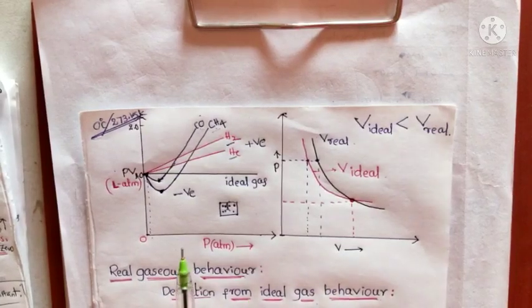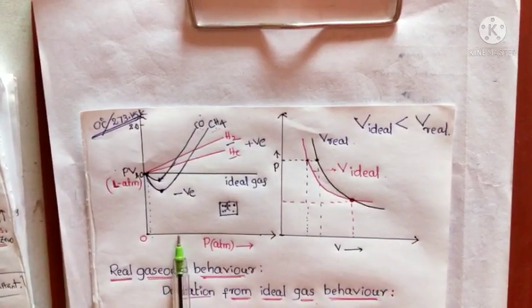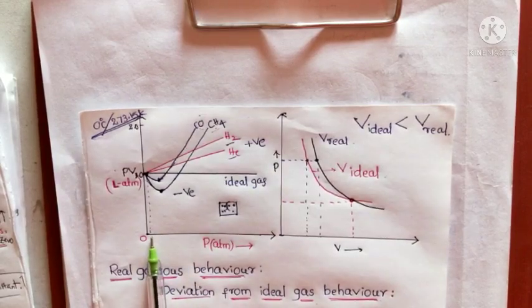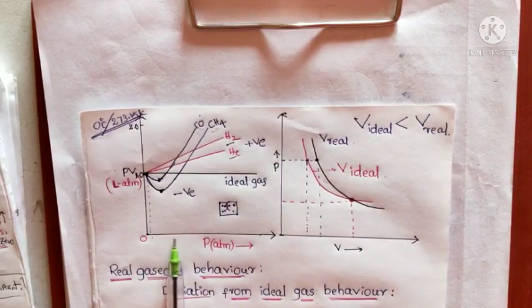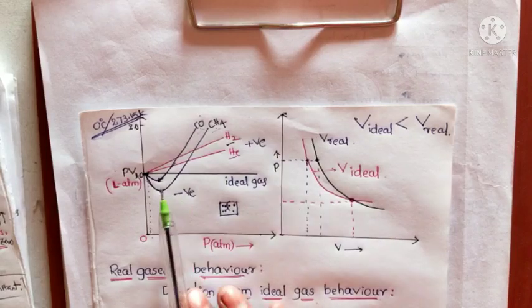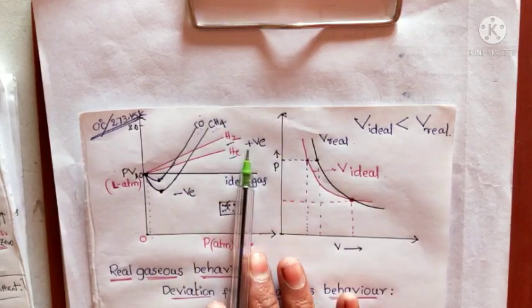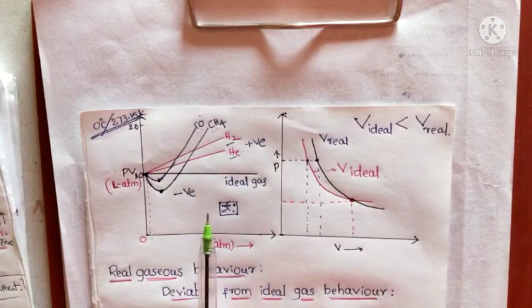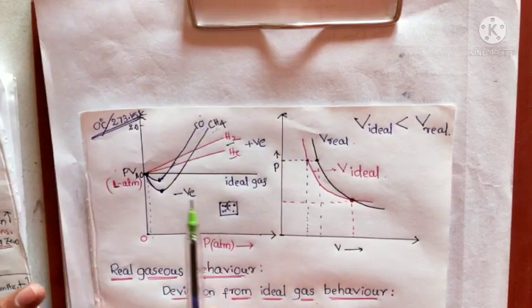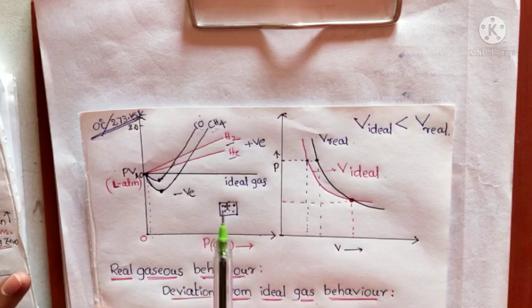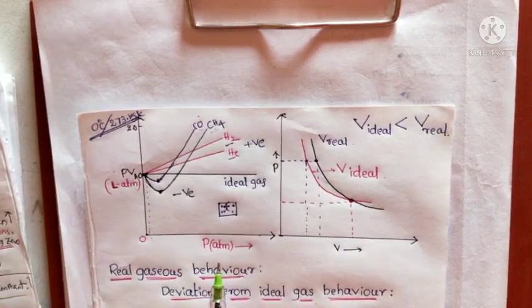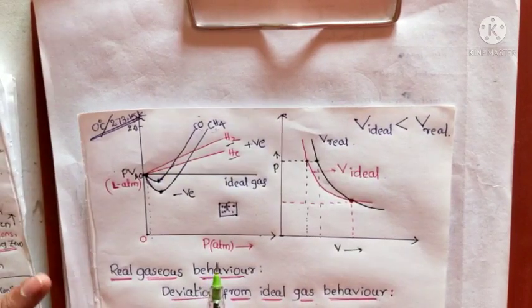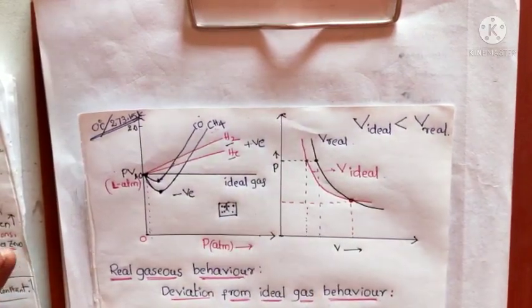So finally from this graph we conclude that real gases at extremely low pressure act as ideal gases, but whenever pressure increases, some gases exhibit positive deviation and some exhibit negative deviation. So real gases do not act as ideal gases at all pressure conditions.